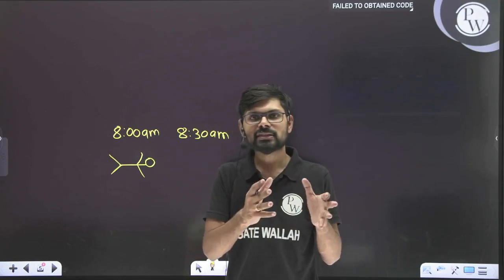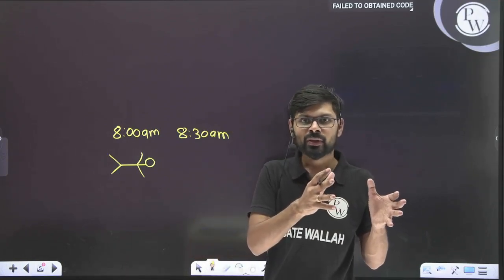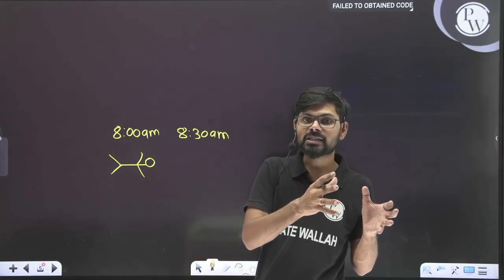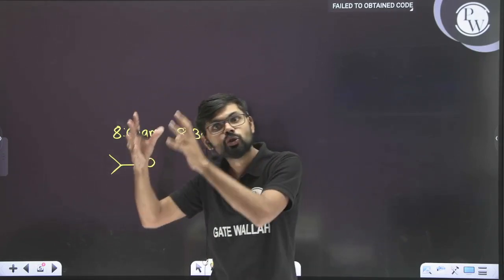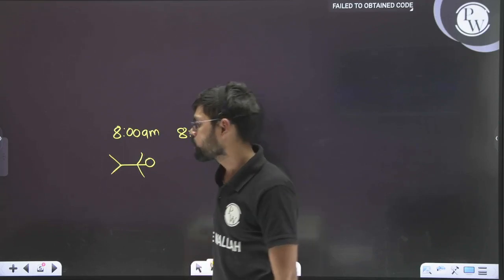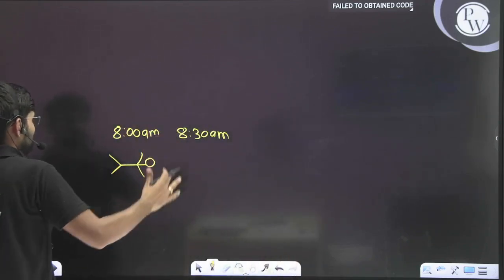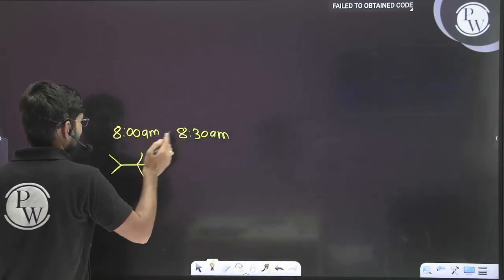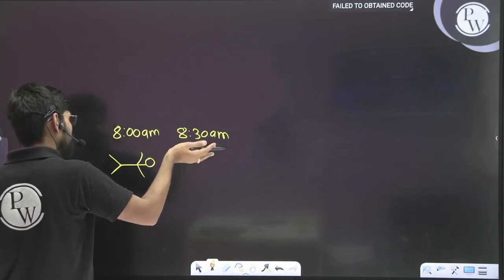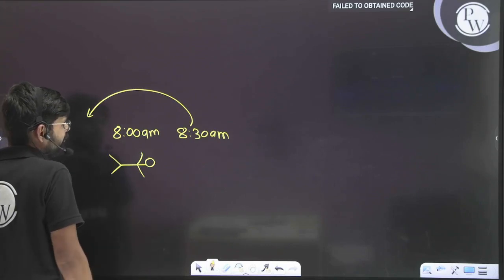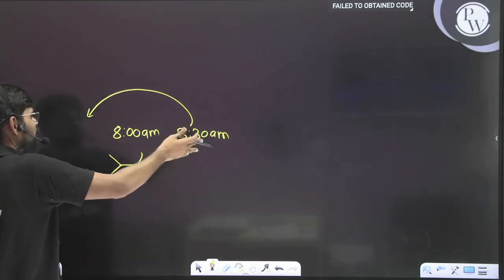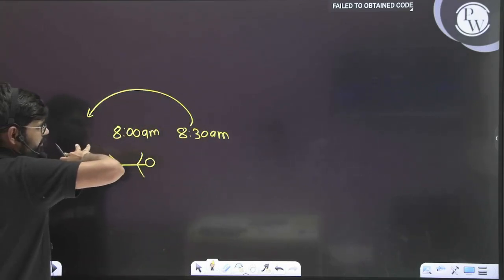Basically a process is said to be reversible if, when it is reversed, the previous condition of the universe can be restored. Whatever process is happening, we are going to reverse it. All the processes we are reversing, and if all the processes are reversible, then the complete universe will be reversed.